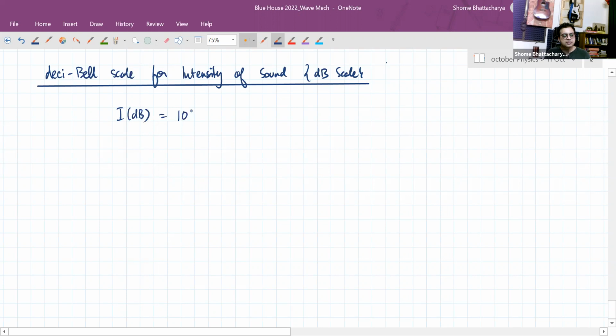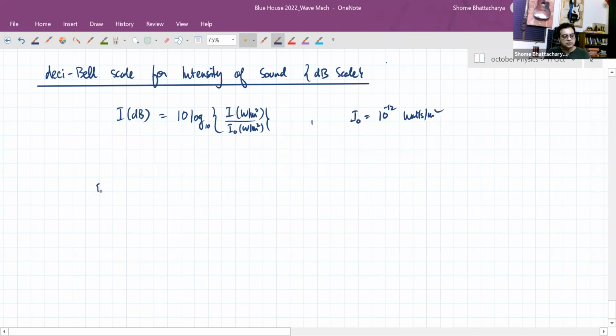It is 10 multiplied by a logarithmic factor with base 10 of whatever intensity of the sound is in watts per meter square divided by the threshold of hearing in watts per meter square. So we know that I naught's value is 10 raised to minus 12 watts per meter square. We use that.